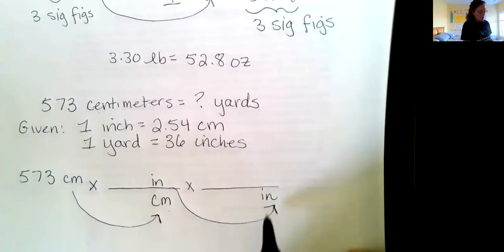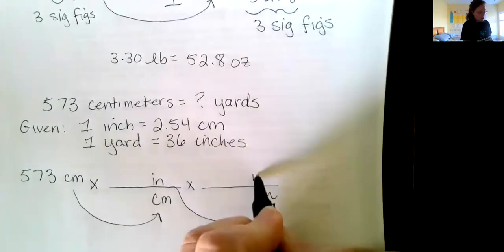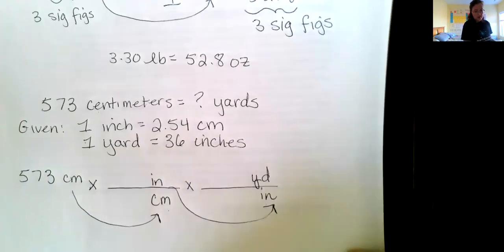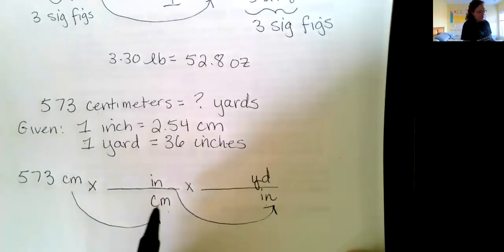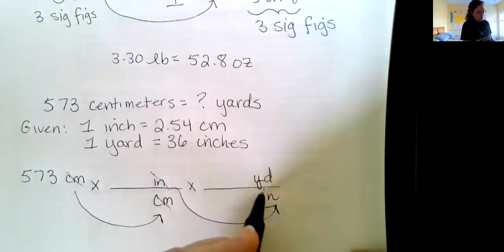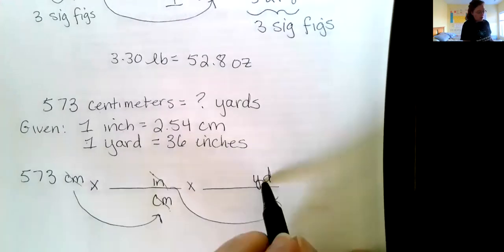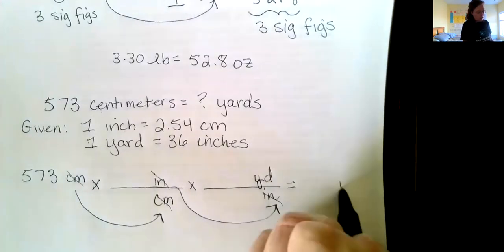Then on top, I have a way to go from inches to yards, so I'm going to put yards on top. If you want, you can go boom, boom, boom, boom, and cancel all those out and realize that you're just left with yards for your answer.